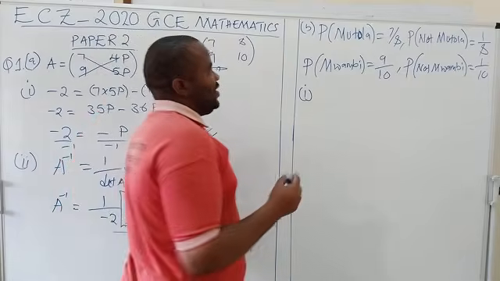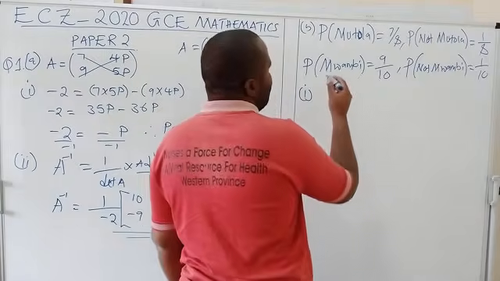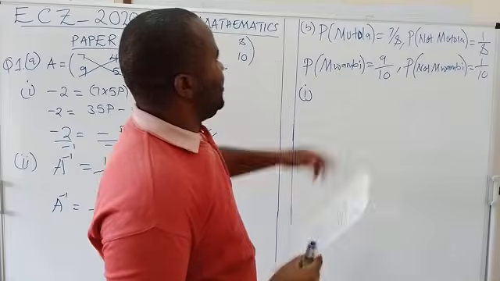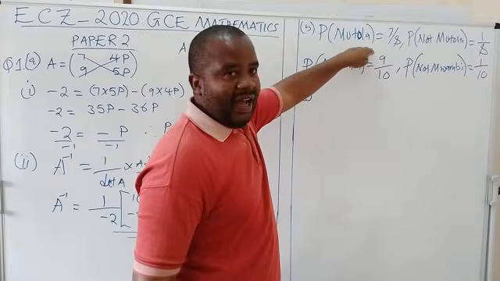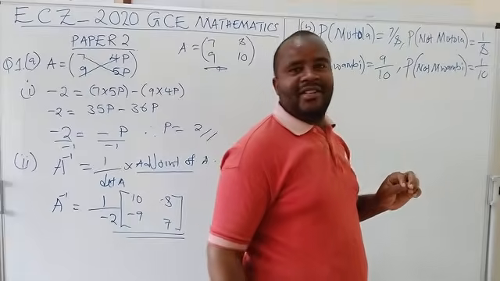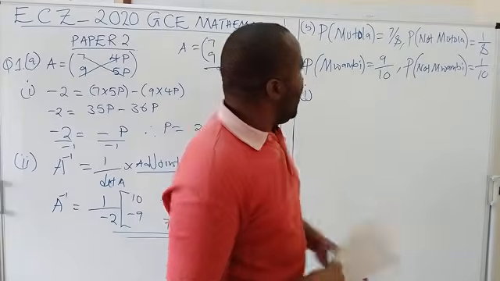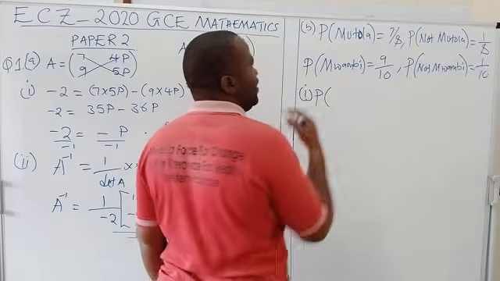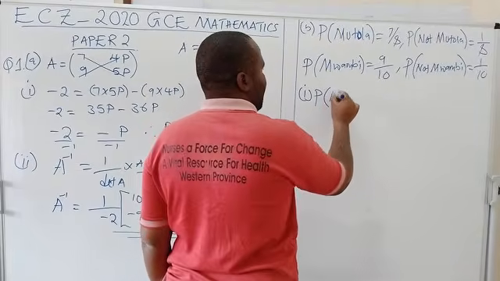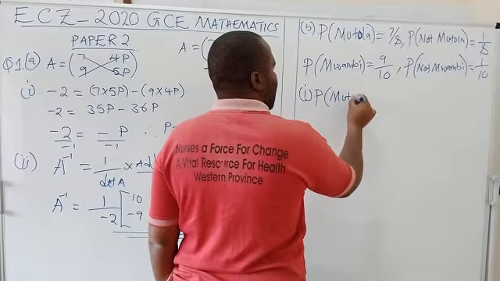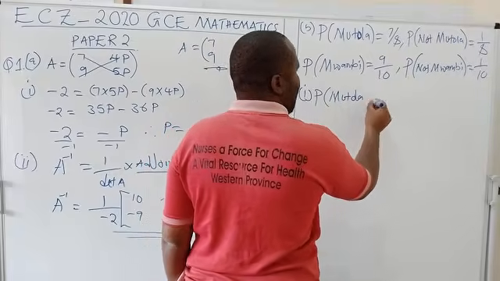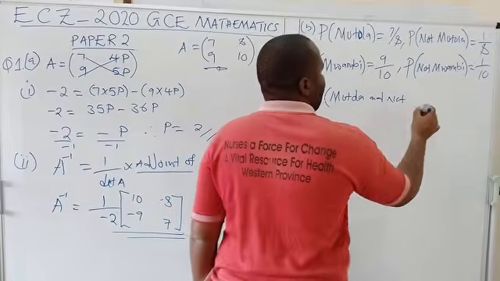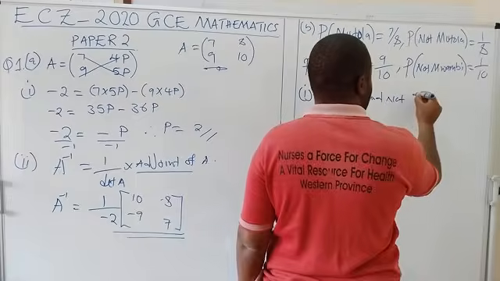So that means that you are going to select Mutola. What is the probability of selecting Mutola and not this one? Alright? So we are given the probability of selecting Mutola, and not Mwambi, for example.